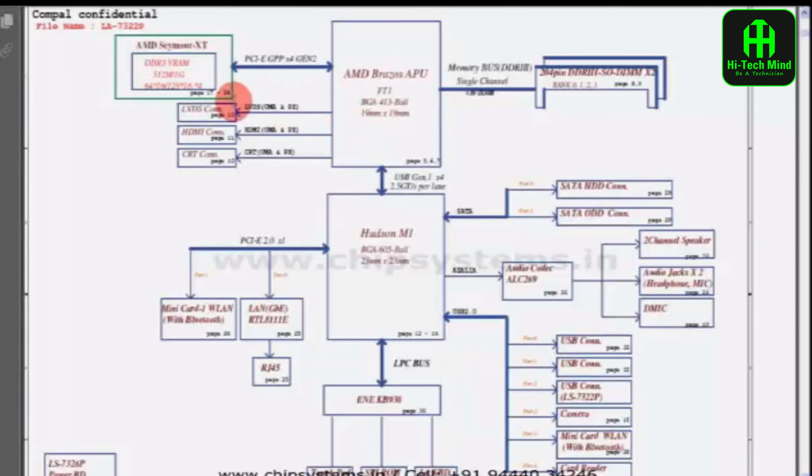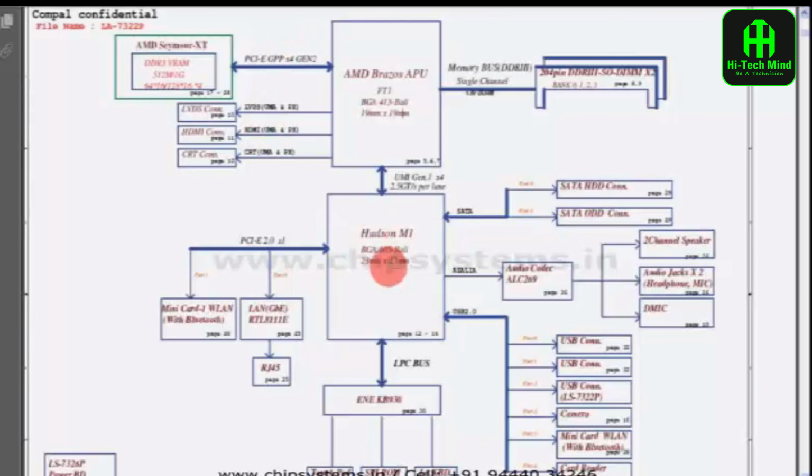On the left side we are seeing the video chip. It is represented as DDR VRAM. The LVDS digital monitor is connected via HDMI and CRT. AMD architecture is different from the structure of Intel.